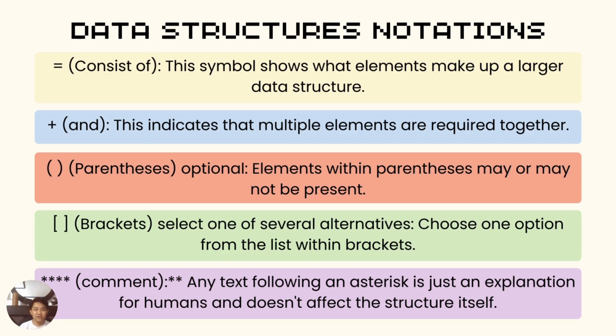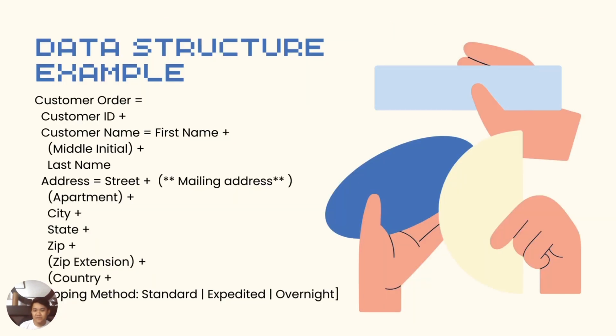And so, I'll give you an example now. As you can see here, you have customer order. For customer order, you have an equal sign. By the equal sign, we know that there are more elements under the customer order.